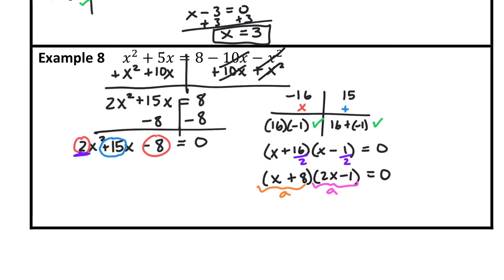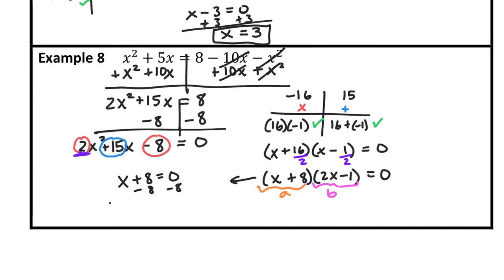This is B. Then we can say that either x plus 8 is 0.